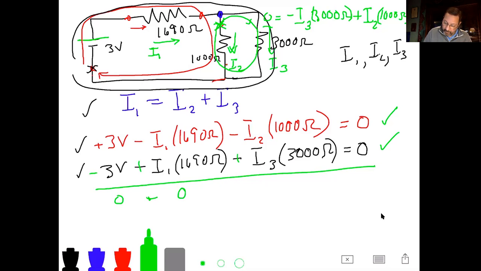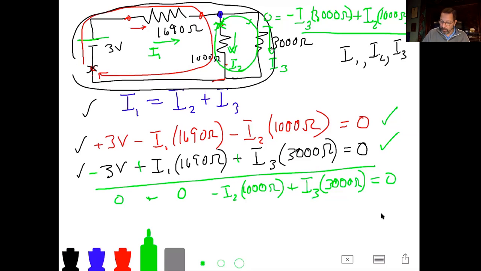And then what I'm left with is minus I2 times 1,000 plus I3 times 3,000 ohms is equal to 0, which, if you notice, is exactly, if I multiply through by -1, which just changes the signs around, that becomes positive. This one becomes negative, and it's exactly the same as the equation that I developed from the third loop.